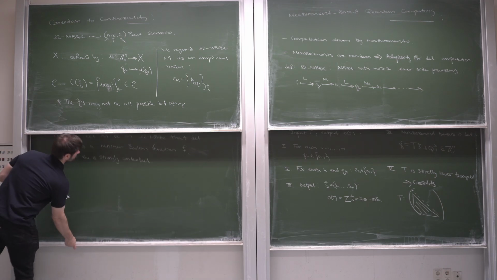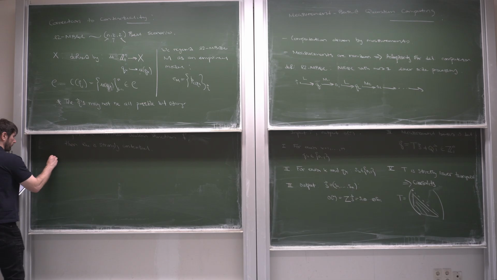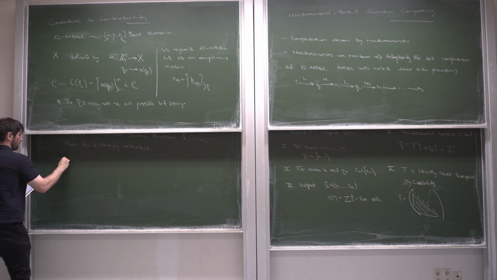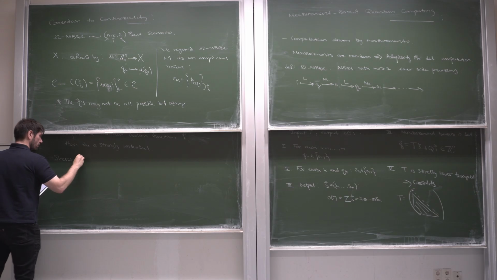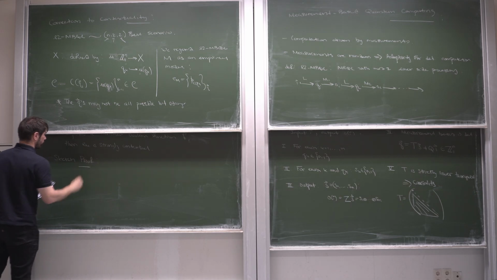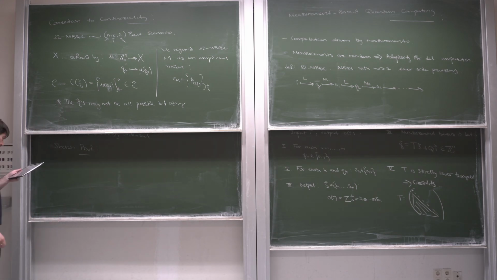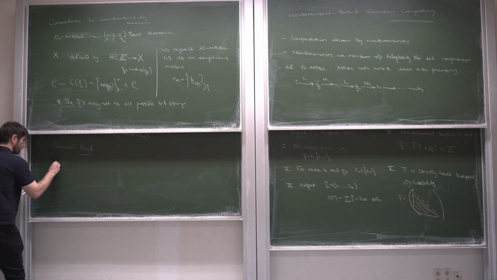Okay, so let's think briefly about how to sketch the proof. The idea is going to be first that we assume that EM is not strongly contextual.